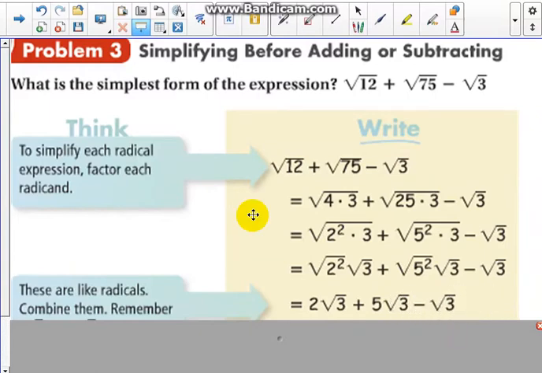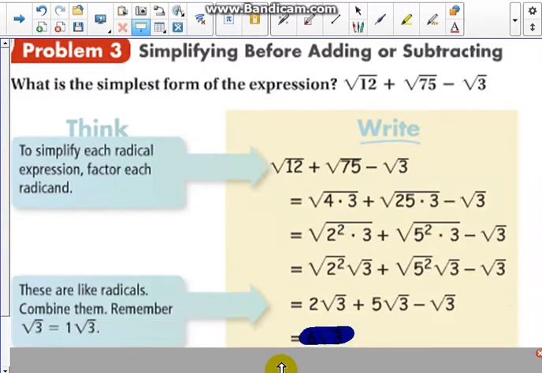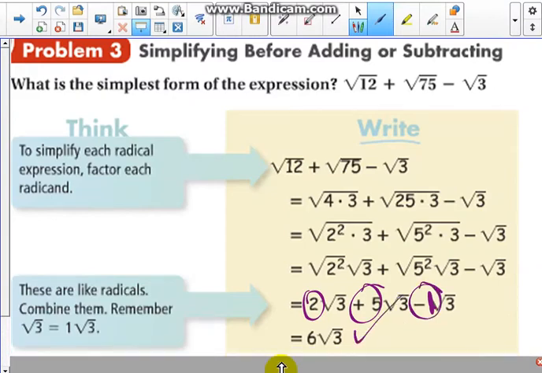So now we've got everything in like terms of square root of 3. Now we can just perform the math, and we get 2 plus 5 minus 1. Don't forget that this is like a 1. So 2 plus 5 is 7, minus 1 is 6, 6 radical 3. And that's our answer.